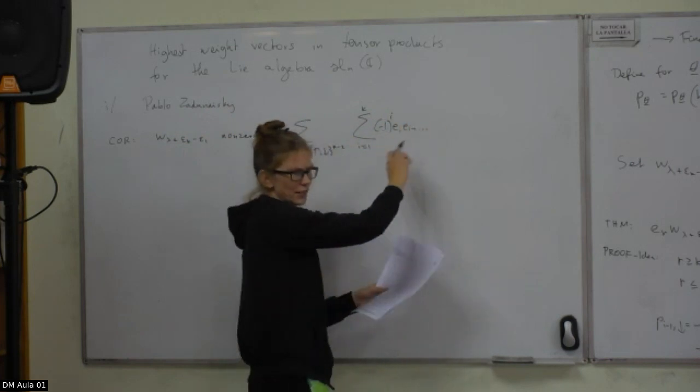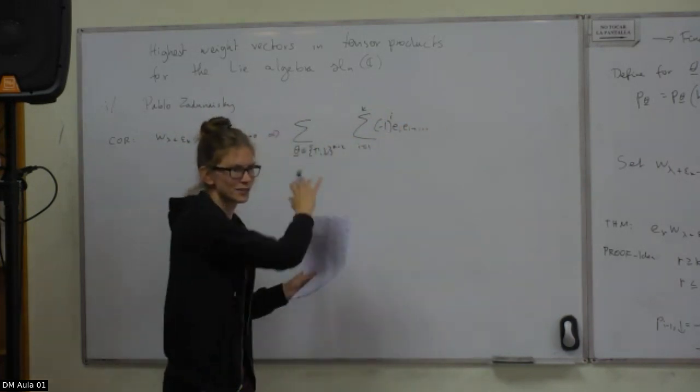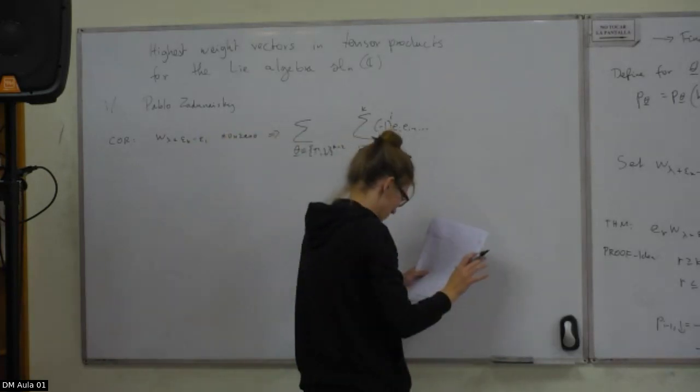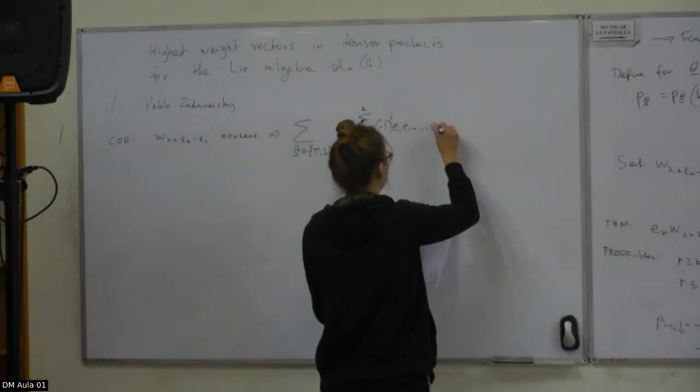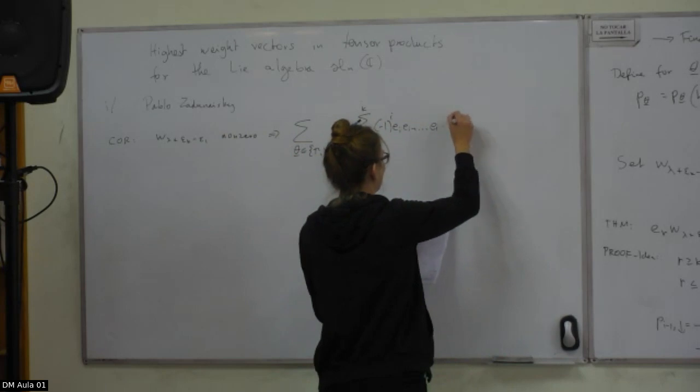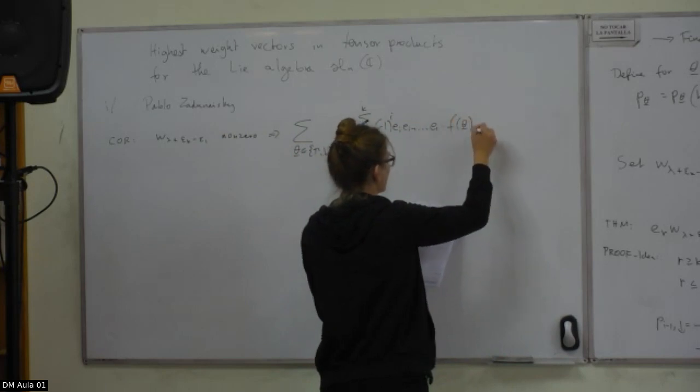I might be changing the signs, but I guess an overall sign for the highest weight vector you can bear with: E1 applied to F theta.